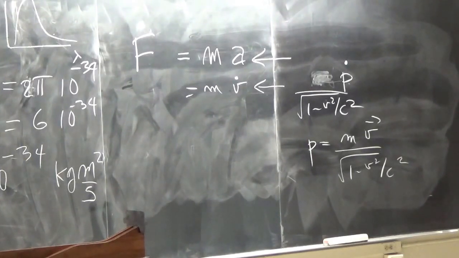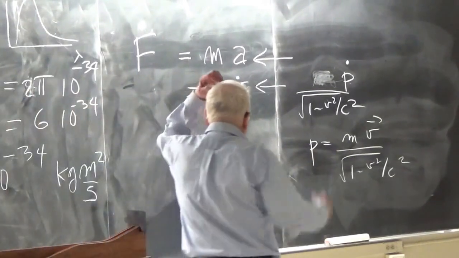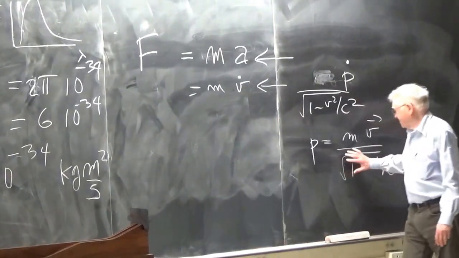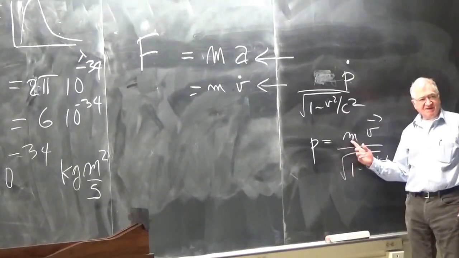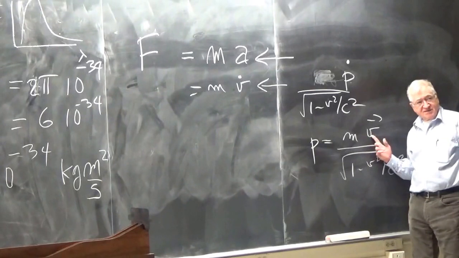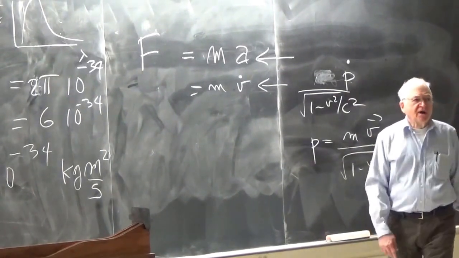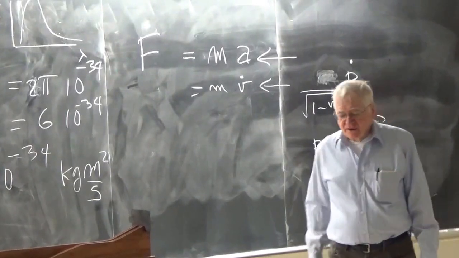What's the reason for that? The reason is that when the hammer hit the brick, the lead brick, it transferred some momentum to the lead brick. But if we look at the lead brick, the formula for momentum for slowly moving lead bricks is just the mass of the brick times the speed of the brick. The mass of the brick is huge. I could barely lift it.